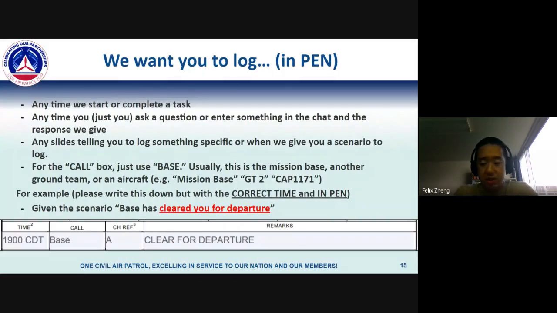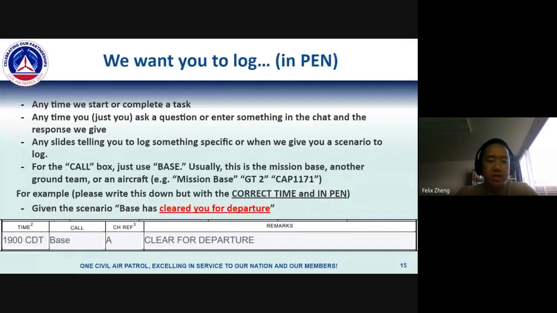Anytime you ask a question or enter something in the chat and what response we give to you, you should log that. It's only for you. So if someone else asks a question, you do not have to log that down. We will also have a couple slides telling you to log something specific. Some of them will go through scenarios or have other injects. So just look out for those.